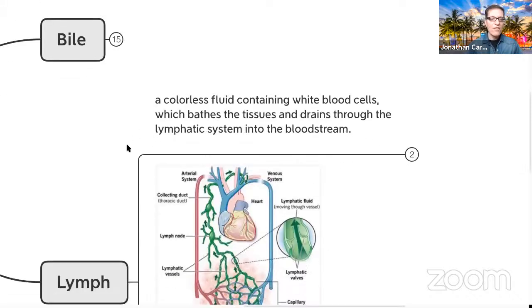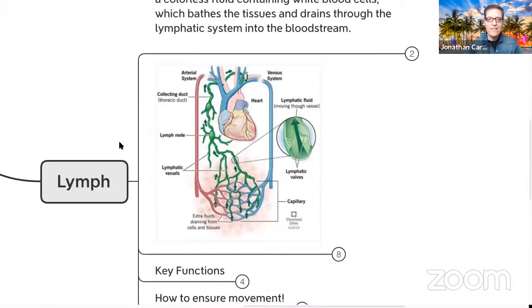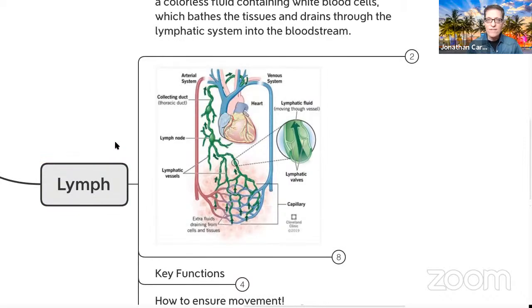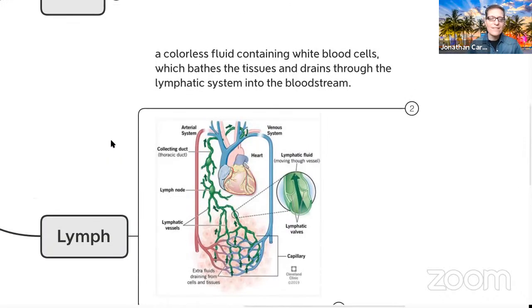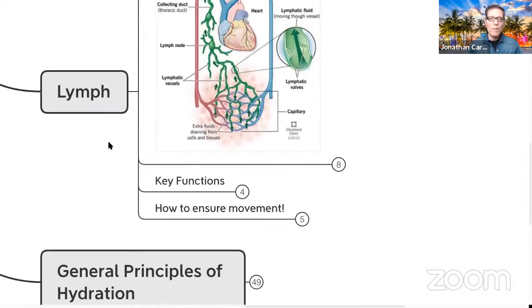And now we have a better understanding of how this lymphatic system works and how it has lymph nodes that are filtering, how it's bathing the system. Ultimately, what we want to remember is if it's bathing all the cells in our body, we want to make sure those are moving around as much as possible.